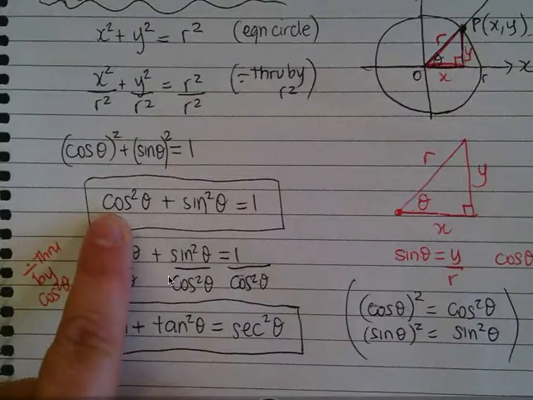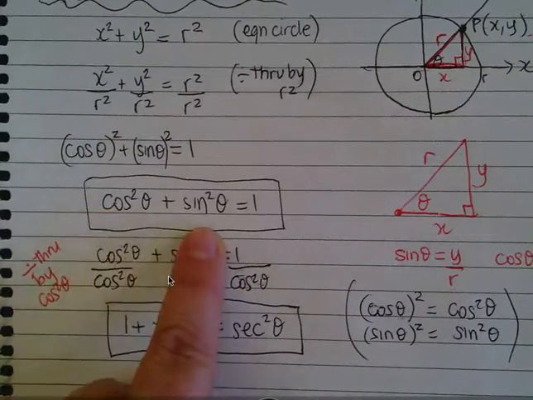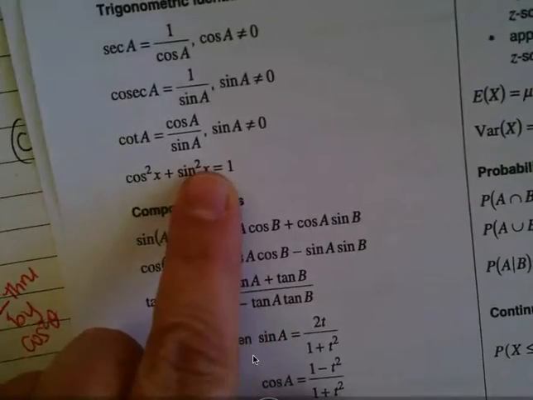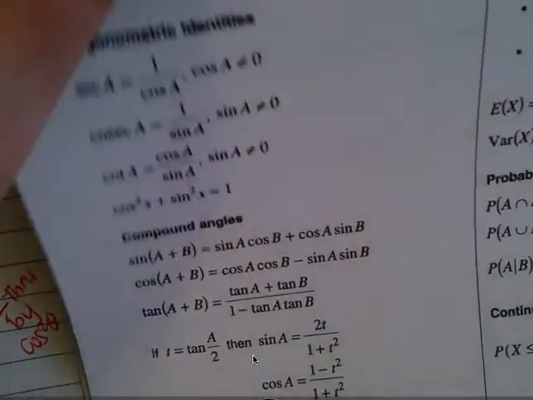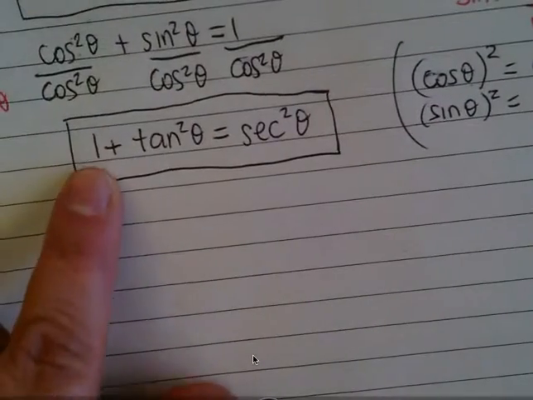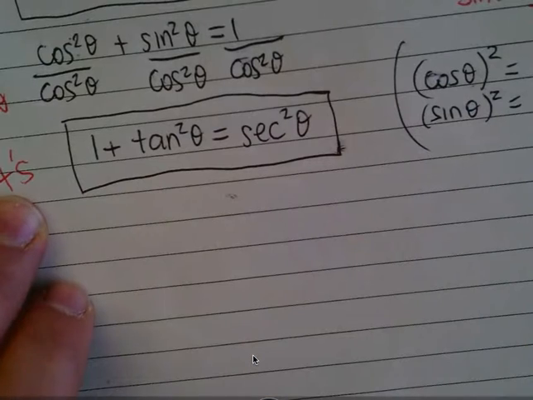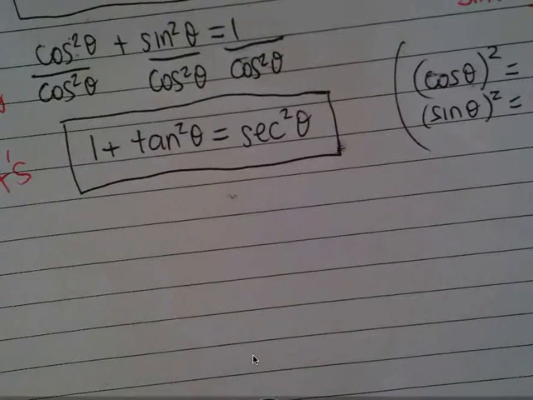Now it comes from the first one. So if you learn the first one, cos squared plus sine squared equals 1, guess what? That's on your formula sheet. Okay? Then you divide them all by cos, or you can remember the little rule. I remember this as 1 plus tan squared equals sec squared, because they've all got squared in them. It's 1 plus tan squared equals sec squared.